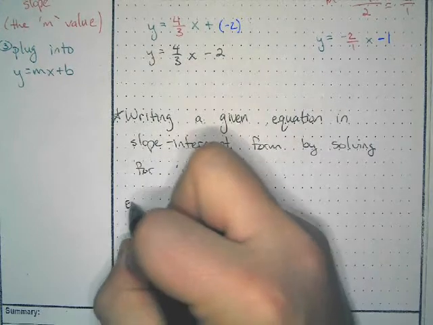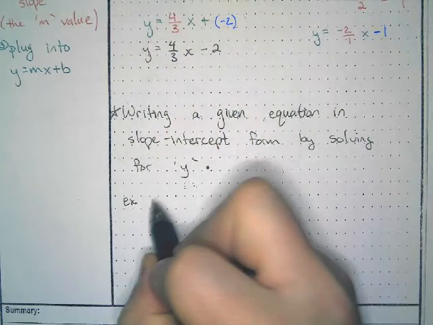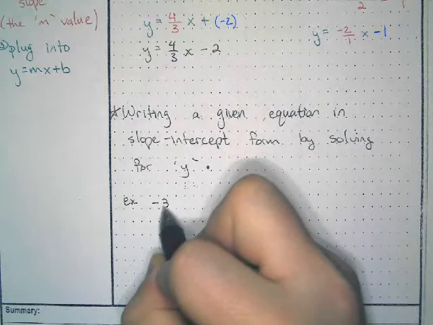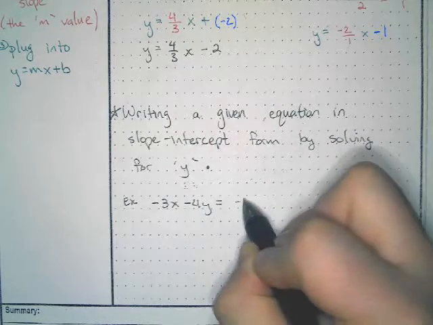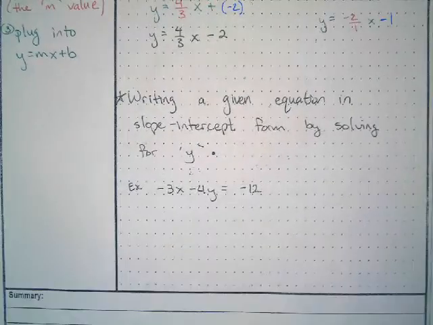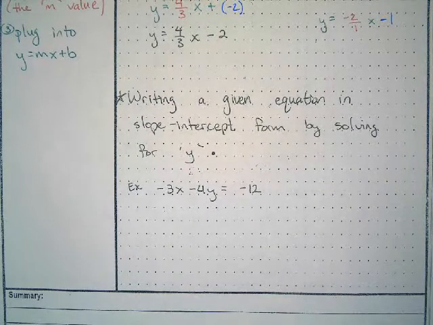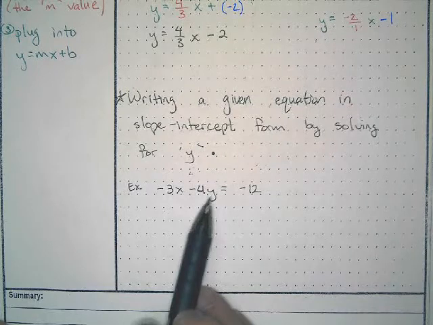So for example, say I'm given the equation negative 3x minus 4y equals negative 12. So the main idea is solve for y. Get y by itself.